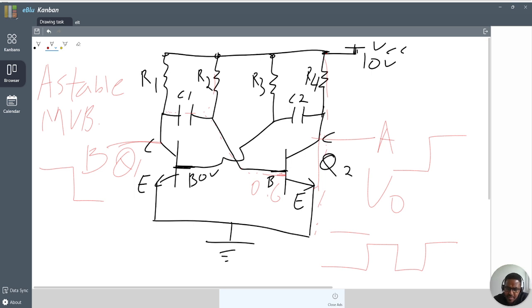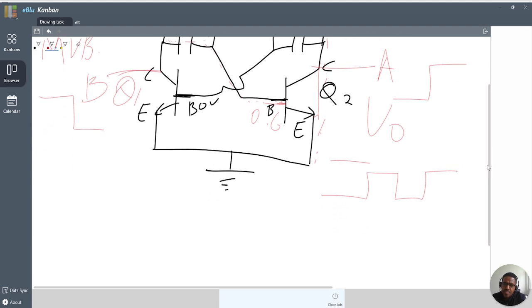So how to determine the period of this, from this one to this one, the full period? We have two periods, T1 and T2. That means when you say T1, Q1 is in on state, Q2 in off state.